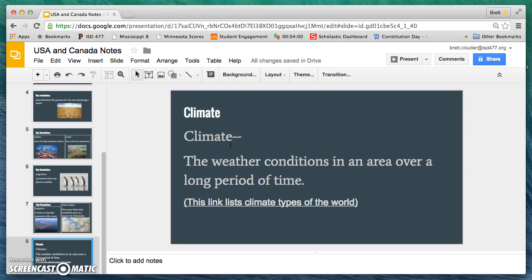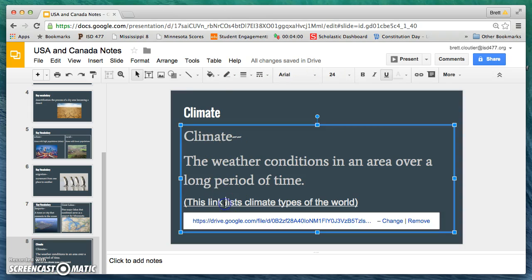And finally, climate. Climate are weather conditions in an area over a long period of time. For example, we looked at humid continental would be the climate type of much of Minnesota. You have desert as a climate type. Humid subtropical. Those are all different sorts of climate types found in the United States.